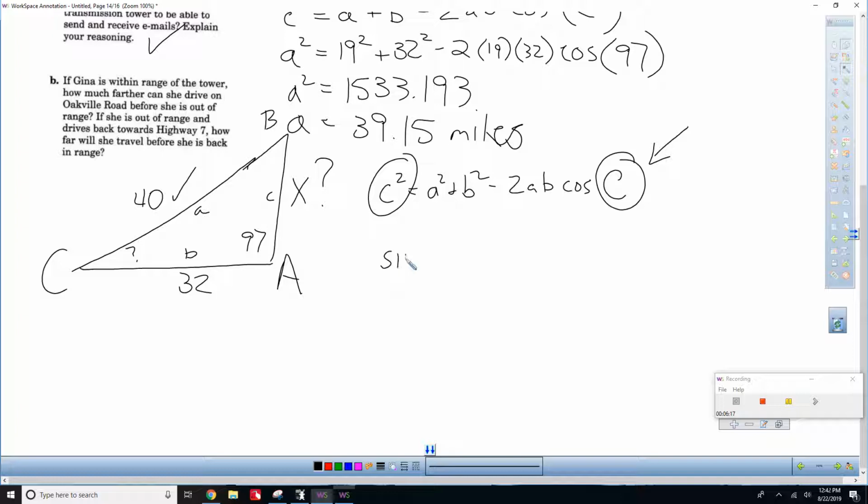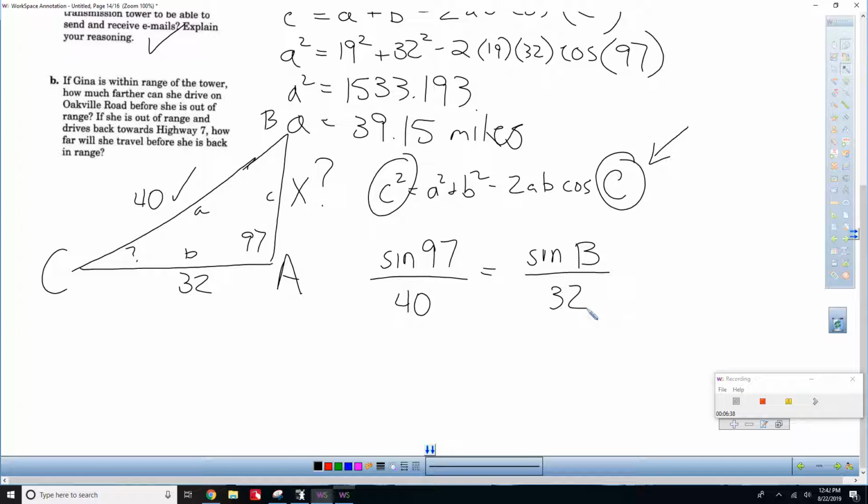Sine of 97 is to 40 like sine, well, see, I don't know C. So let's find angle B. Like sine of B, because I do know that B is 32. Okay?